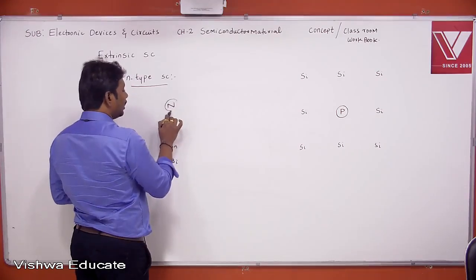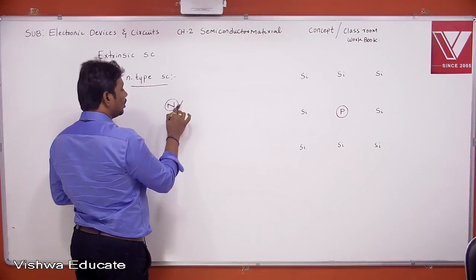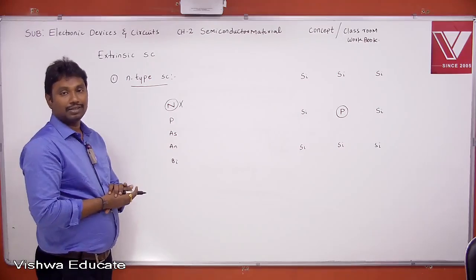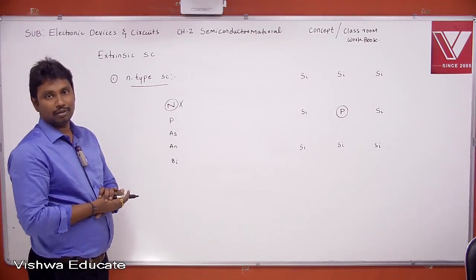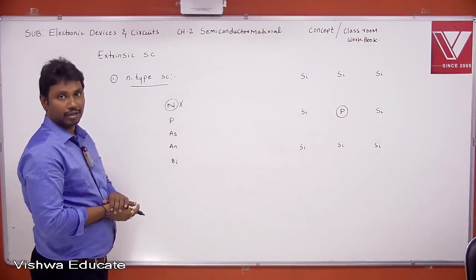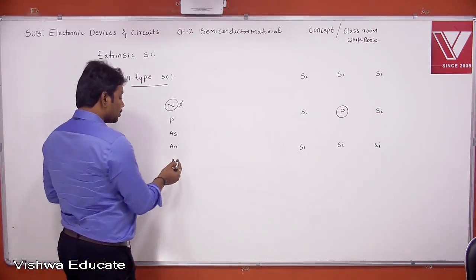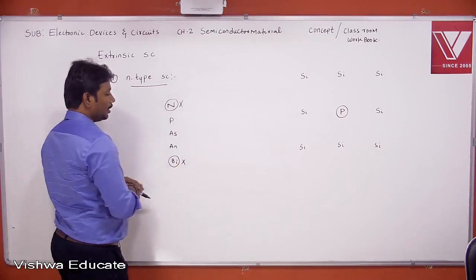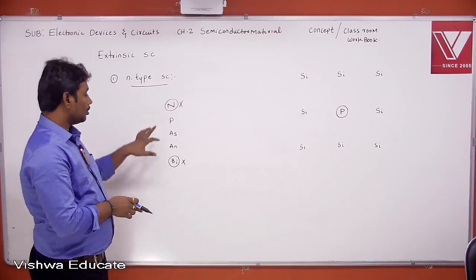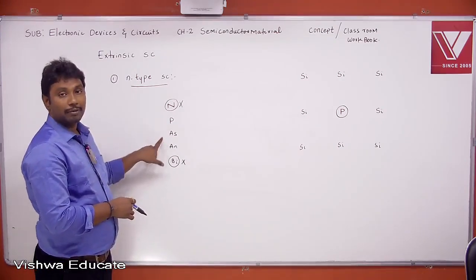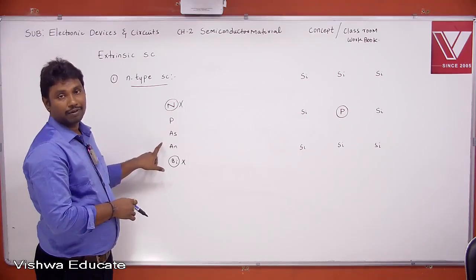Here, nitrogen cannot be used because it does not have any tendency to donate an electron. That's why nitrogen cannot be preferred for making n-type semiconductor. And one more, bismuth also cannot be preferred because it is a radioactive element. That means which elements are preferred? Phosphorus, arsenic, antimony, depending on your requirement of an application, depending on your electronic device.